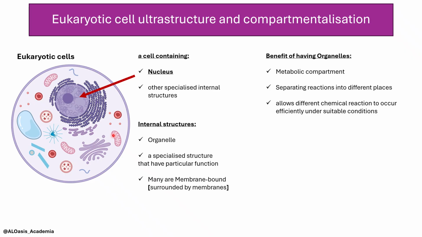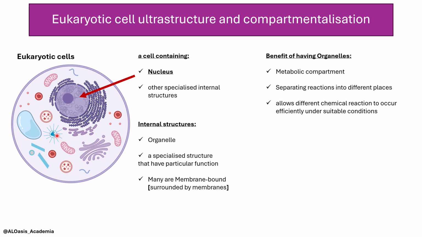So what's the benefit of having organelles within a cell? The first thing is that each cell would need to have different chemical reactions, and each chemical reaction would need different conditions. For example, some chemical reactions would need a pH of 7, other chemical reactions would need a pH of 4.